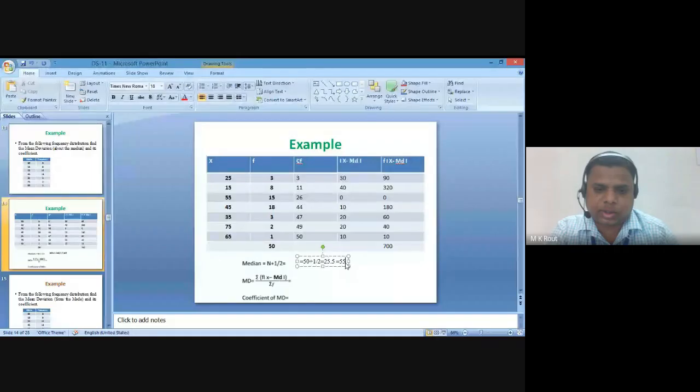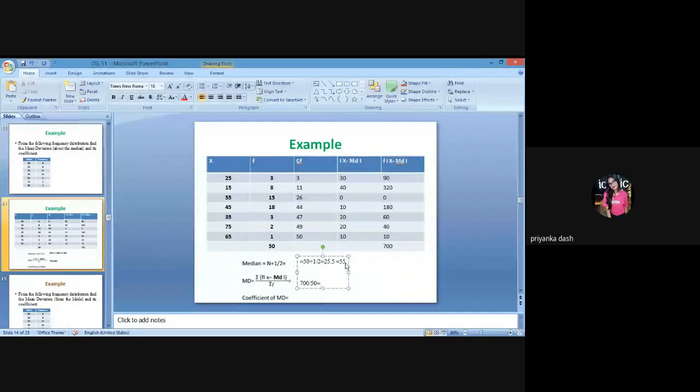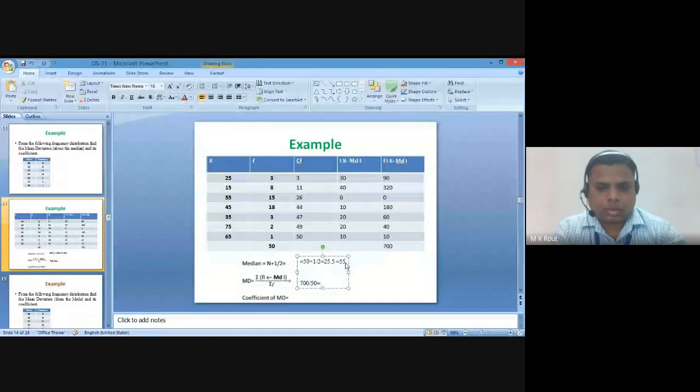So we got the summation of frequency times absolute x minus median. To calculate the mean deviation about the median, that is 700 divided by the sum of frequencies, 50. How much? 14.